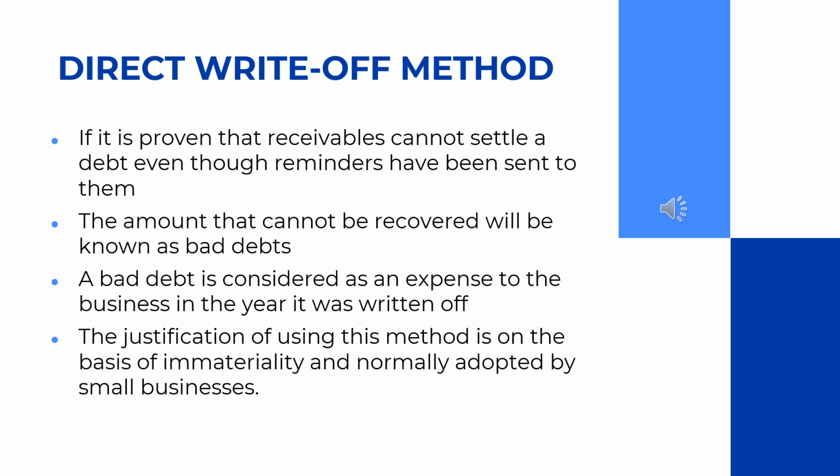And a bad debt is considered as an expense to the business in the year it was written off. Therefore, as an expense, it should be recorded in the statement of profit or loss. The justification of using this method is on the basis of immateriality, and it is normally adopted by small businesses.